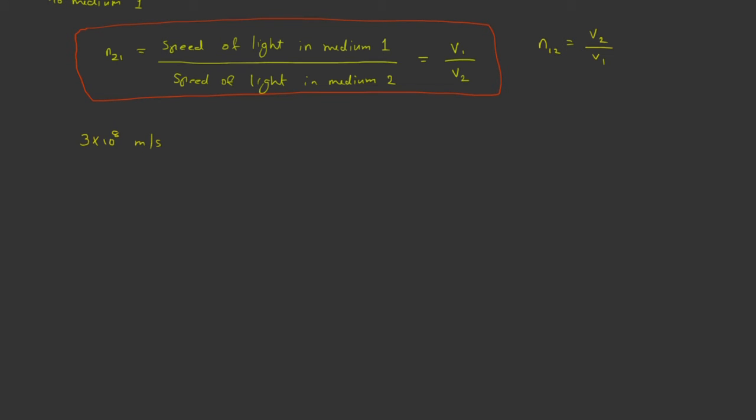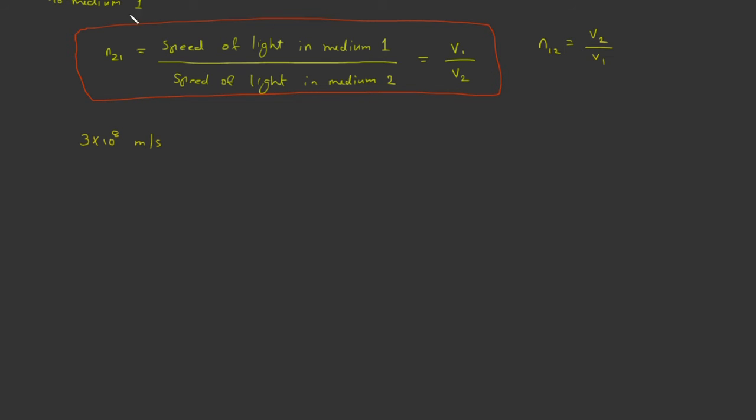And we also know that light travels the fastest in vacuum. In air, the speed of light is marginally less compared to that in vacuum. But in other mediums like glass or water, speed reduces considerably.